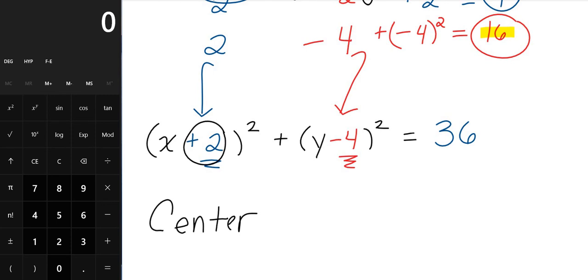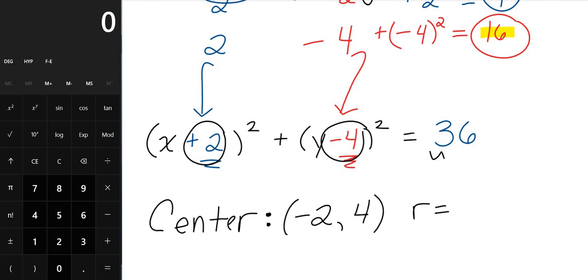So instead of a positive 2, our center is at negative 2 for the x value. And then instead of a negative 4, flip the sign. It's going to be a positive 4. That's where the center of the circle is located. For your radius, you're going to take whatever number is here on the right-hand side and square root it. So square root of 36, which equals exactly 6.